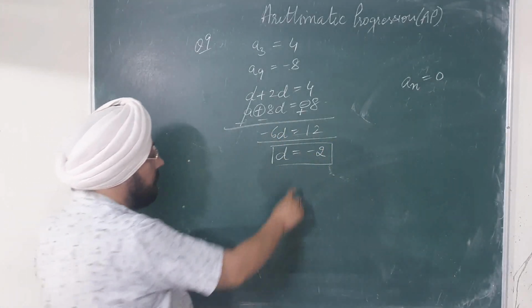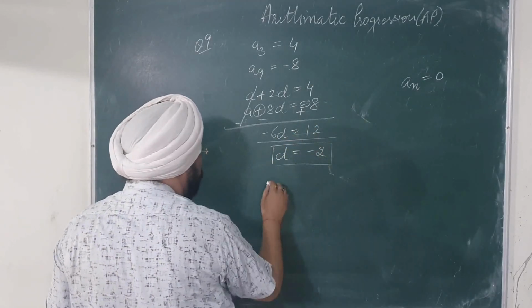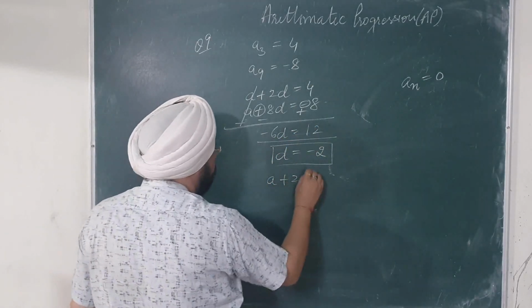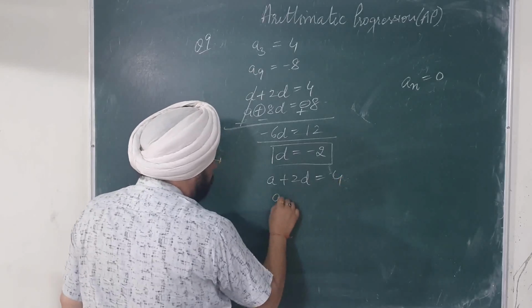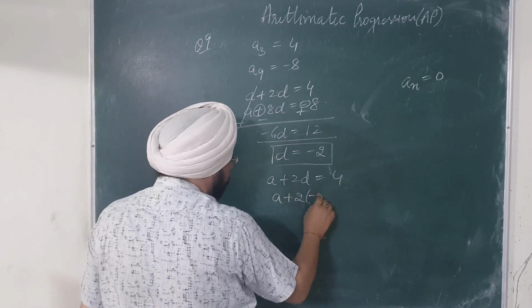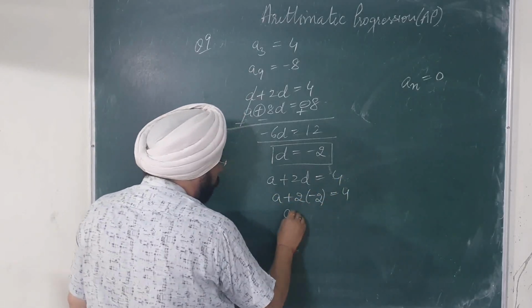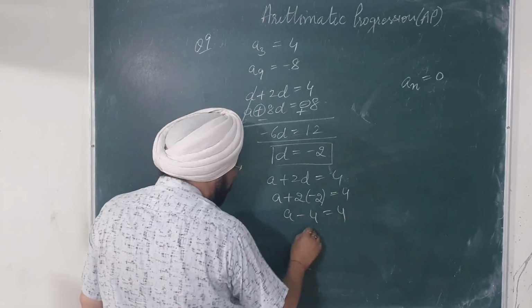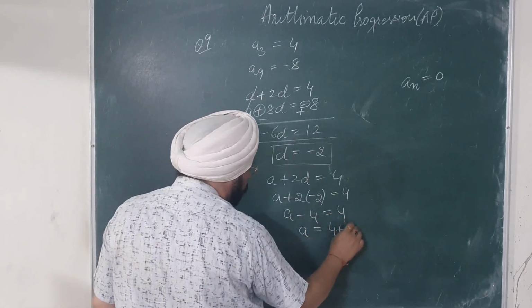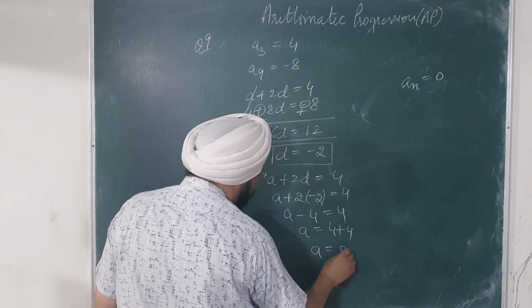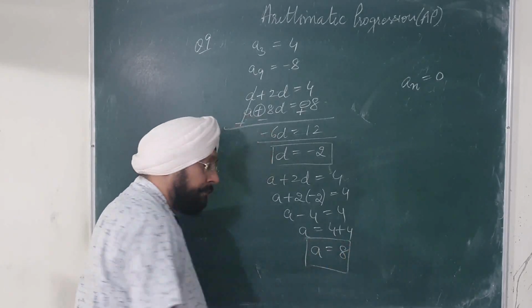Now substitute this value of d in any of these equations. Let us take the first one. Substitute the value of d. We get a is equal to 4 plus 4, that is a is equal to 8.